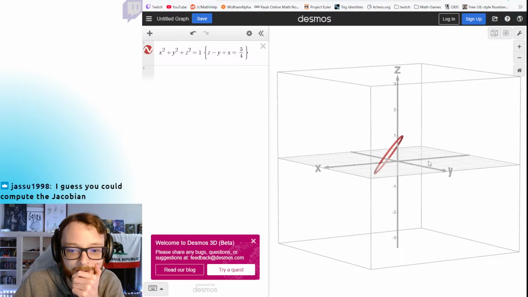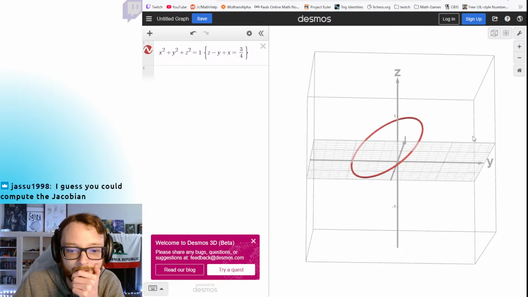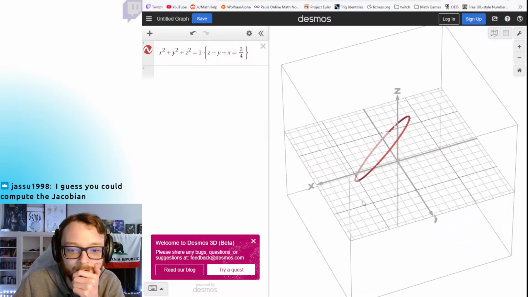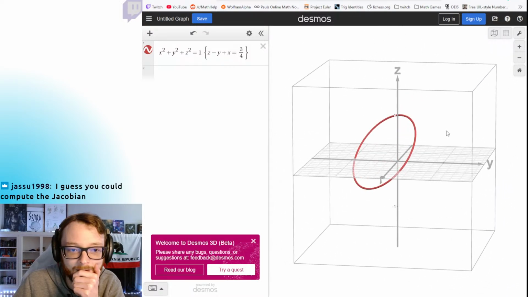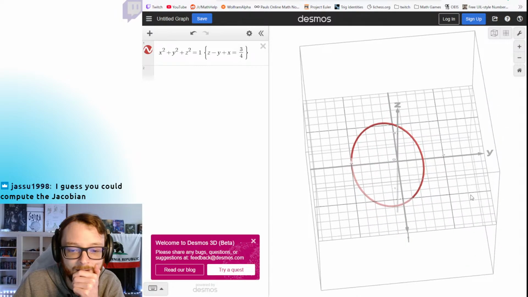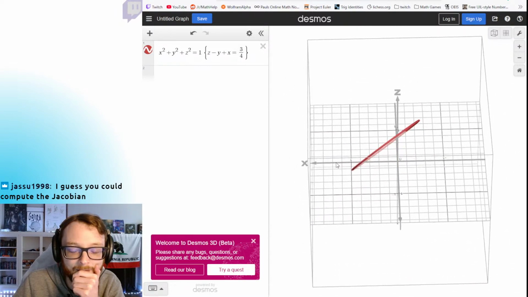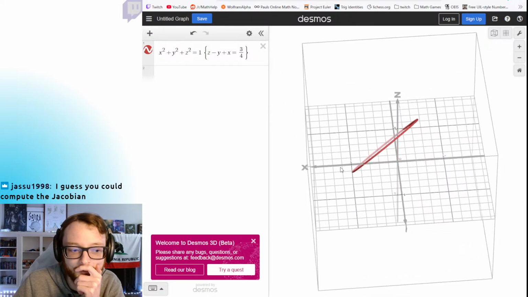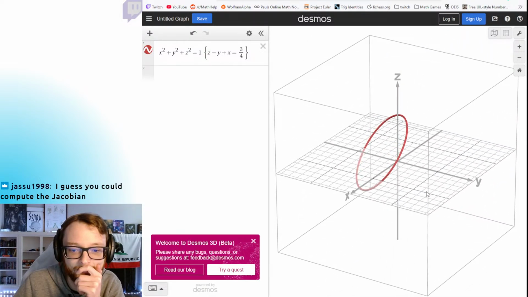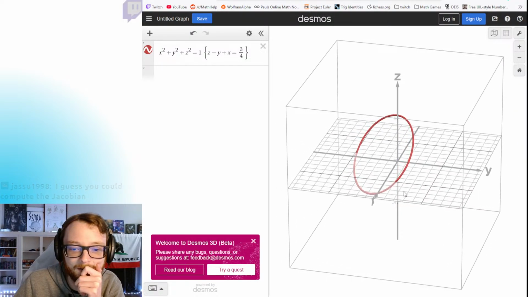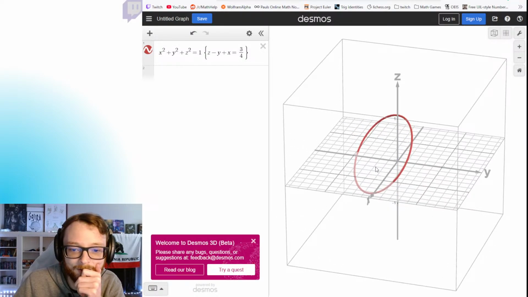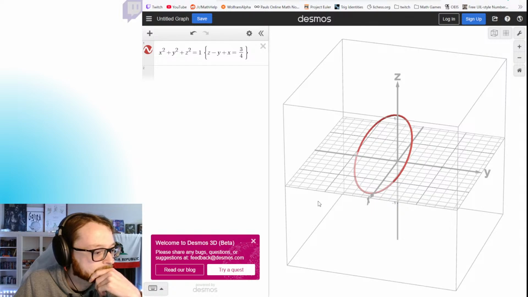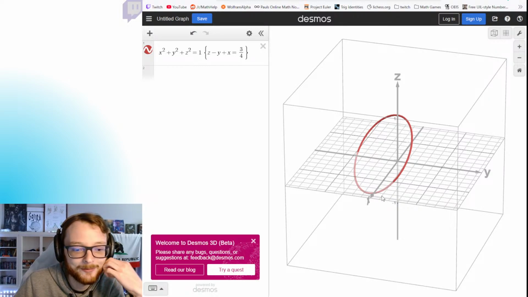A ring? Ooh, I guess that is what I expected. That's the intersection of a sphere and a plane, I guess. What's the area? Because it's not filled in. Yeah, cool. That's kind of how I feel about it too.